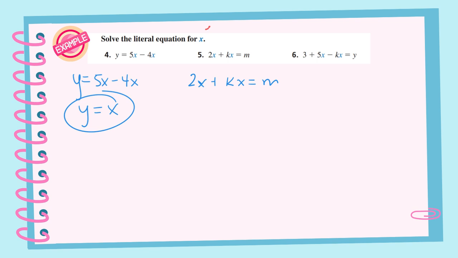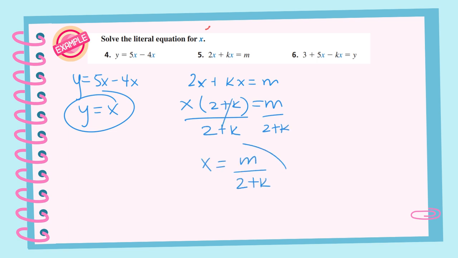I should group, correct? Can I group out an x over here and be left with 2 plus k equals m? Now what do I do to get rid of that parentheses there? I'm going to divide, and I'm left with x equals m over 2 plus k. And that will be your answer.